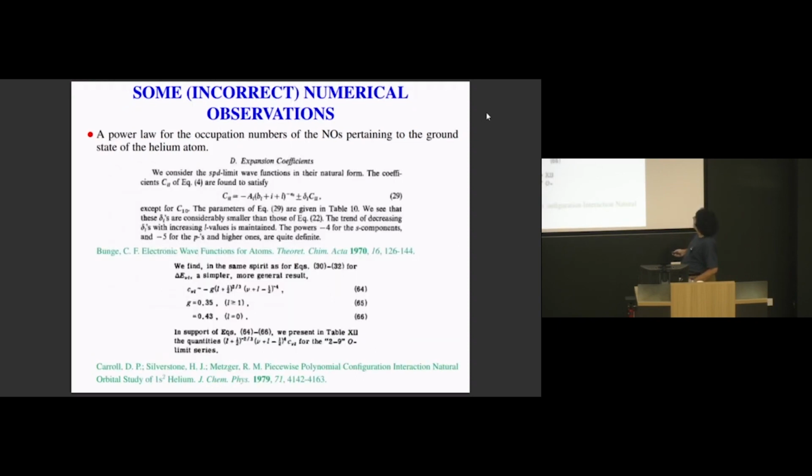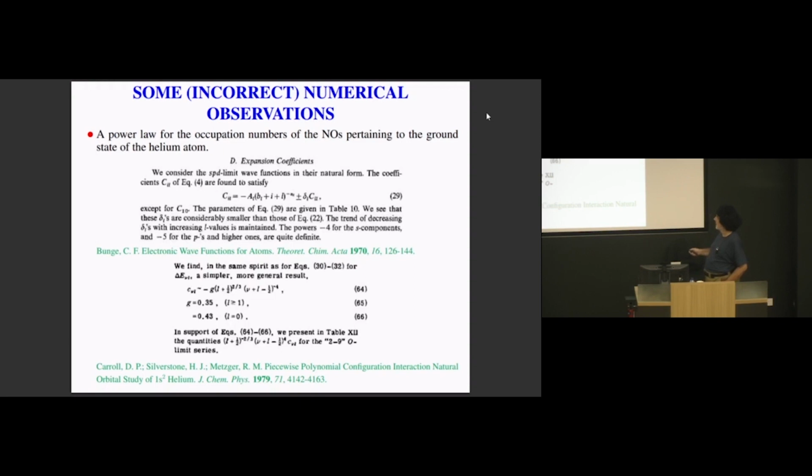There are also some incorrect observations. For example, natural amplitudes, whose absolute values are square roots of occupation numbers of natural orbitals. Some people claim they decay with powers -4 or -5, depending on the situation. Some claim they decay with power -4, but with a prefactor depending on angular momentum and so on.